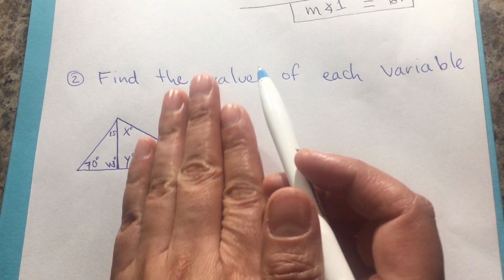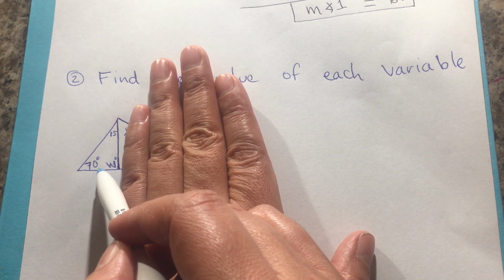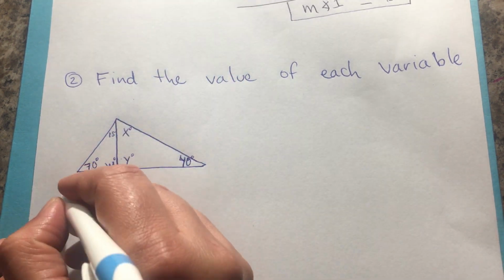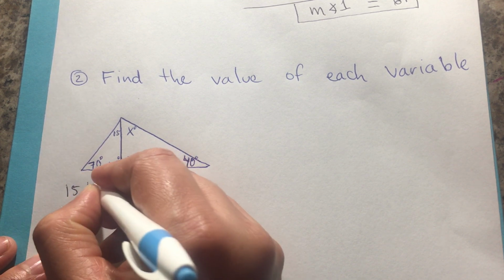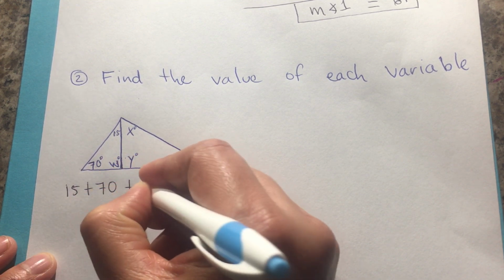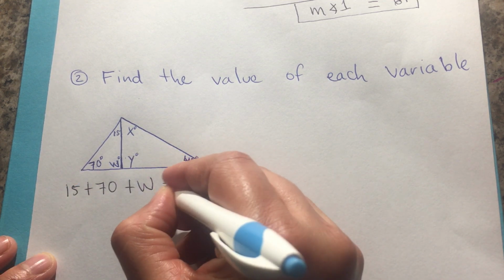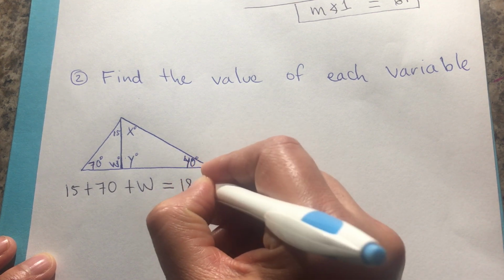So the first thing that I need to do is work on the triangle on the left. So we're going to say that 70 plus 15 plus W is equal to 180. You can put the variable anywhere, that's fine, as long as it's part of the sum, equals 180.